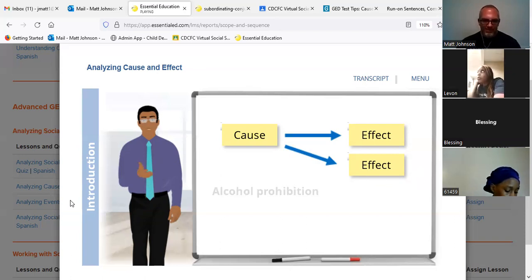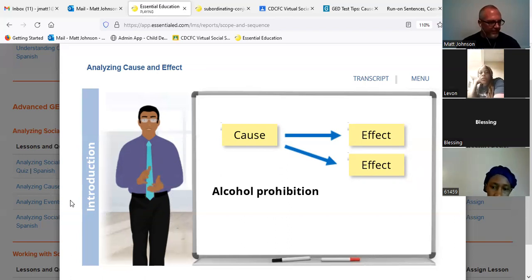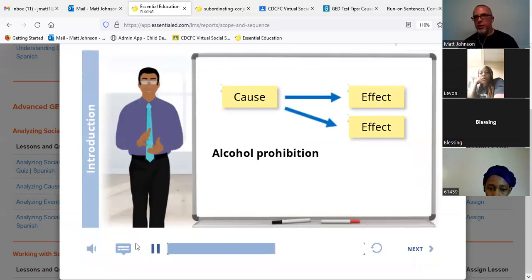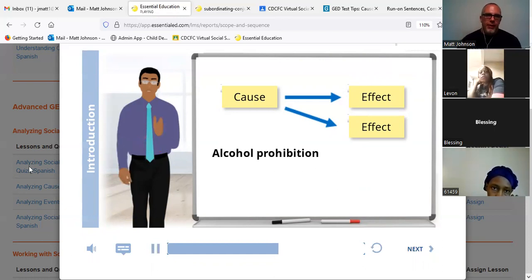Take alcohol prohibition, for example. Back in 1919, the United States added the 18th Amendment, outlawing the manufacture, transportation, and sale of alcohol. The idea behind prohibition was that prohibiting alcohol would reduce crime and improve the health of citizens. But it didn't work out that way.